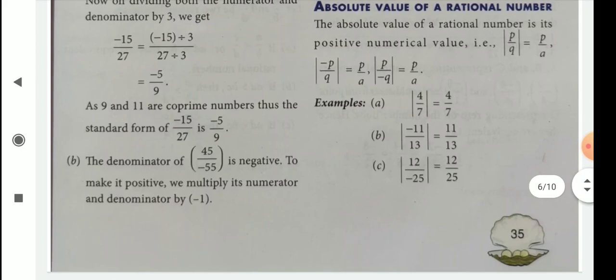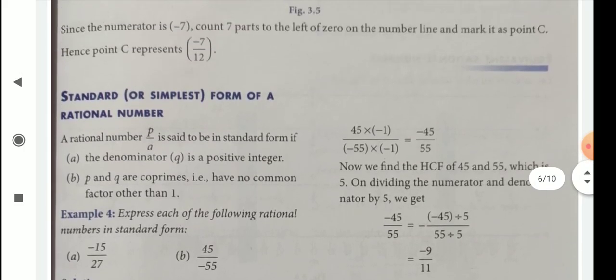Clear? The denominator of 45 by minus 55 is negative. To make it positive, we multiply its numerator and denominator by minus 1. Then we get minus 45 by 55.